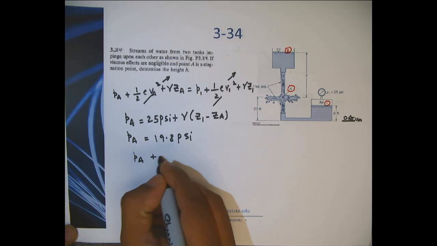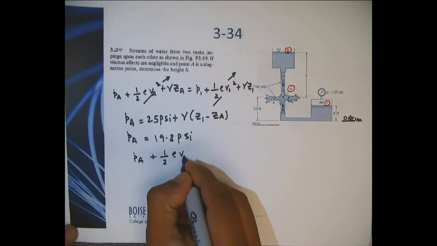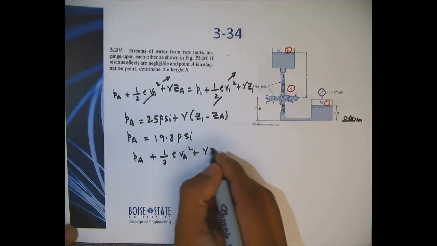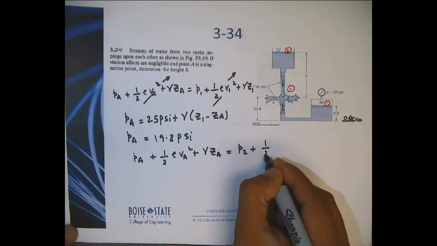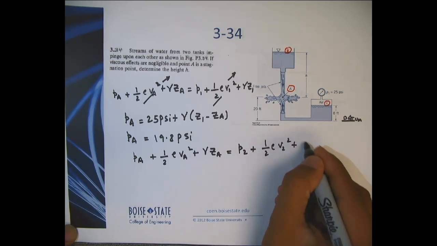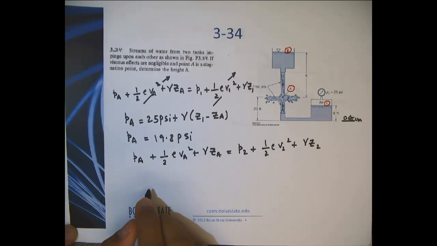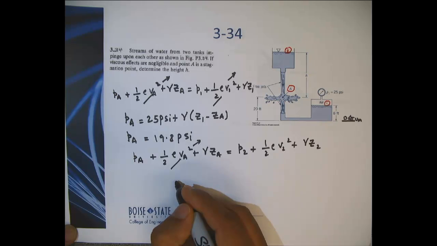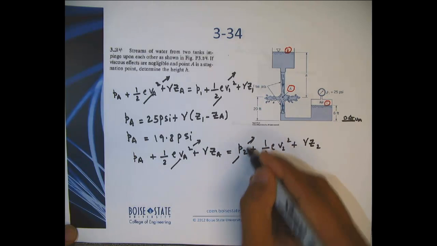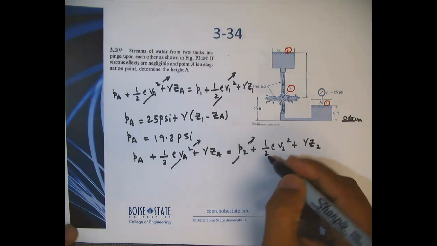So you have PA plus half rho VA square plus gamma ZA equals P2 plus half rho V2 square plus gamma Z2. Again, we know that VA is 0. We know that P2 is 0 gauge right here.